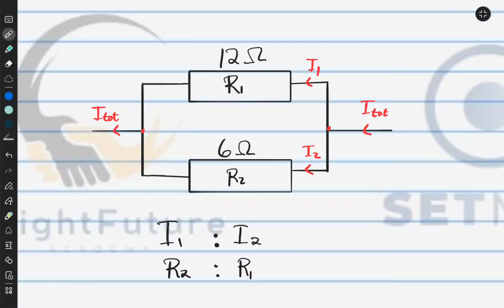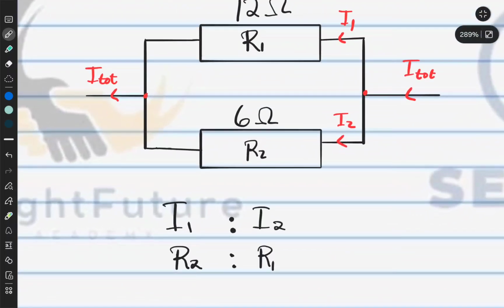The proportion in which the current gets divided between these two resistors depends on how much resistance each one has. The higher the resistance, the lower the current. Why? Because current prefers to go in the direction of least resistance. So effectively the 6 ohm resistor will get more current than the 12 ohm resistor. So when we do the ratios, that's why we invert the two. R2 is on the same side as I1, and R1 is on the same side as I2.